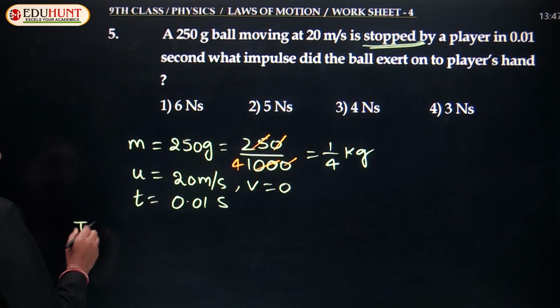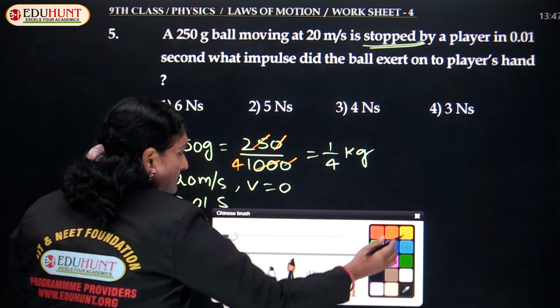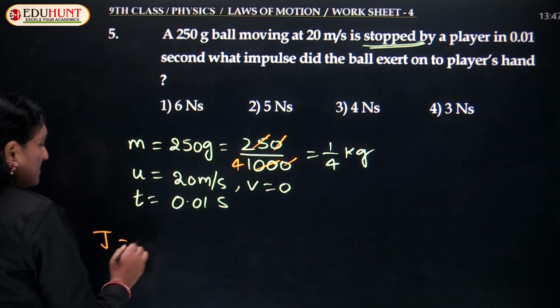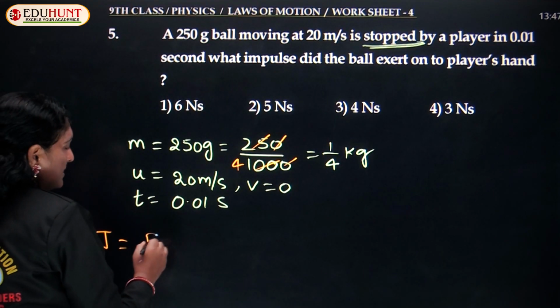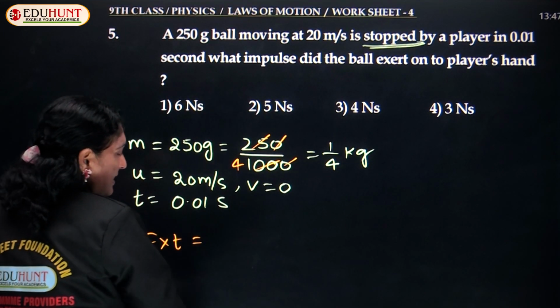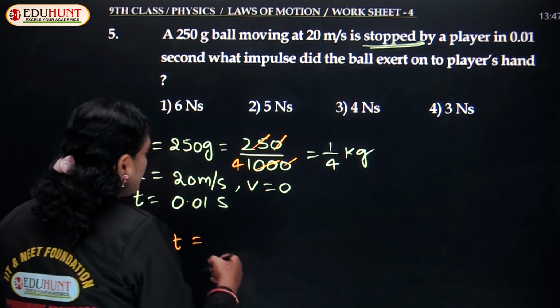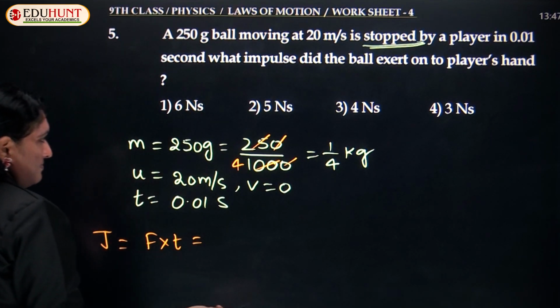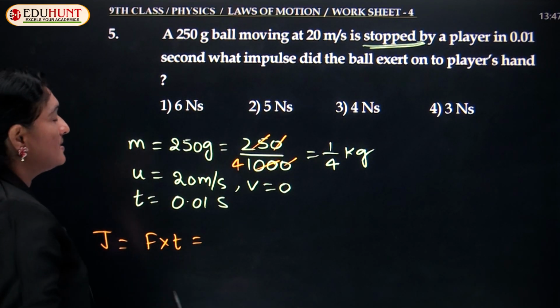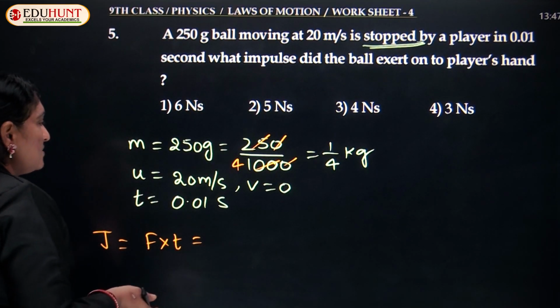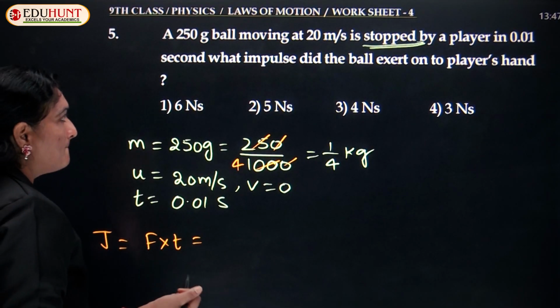So the formula for impulse, J, is nothing but J is equal to force into time, which is also written as the product of change in momentum. Impulse is equal to the product of force into time or simply change in momentum.